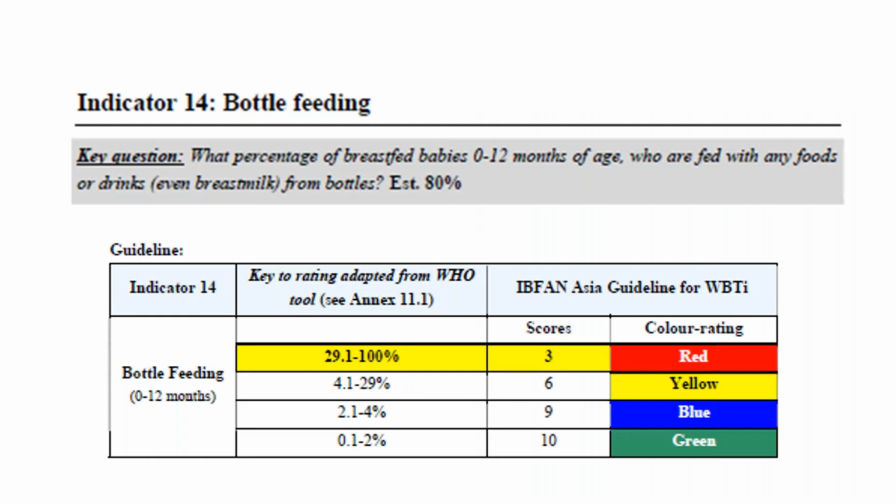Indicator number 14 is asking what percentage of babies 0 to 12 months are fed with any food or drinks, even breast milk, from bottles. Our estimate here was 80%, and it was based on the infant feeding practices studies that had information embedded in it looking at the percentage of babies who had been fed from bottles, and 80% puts us in the red category.